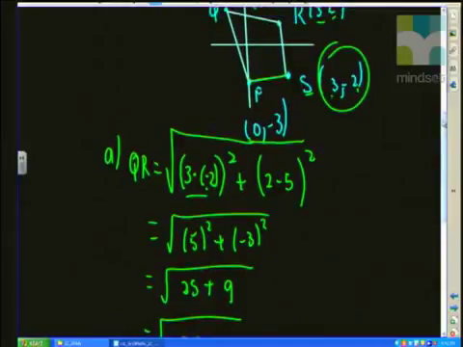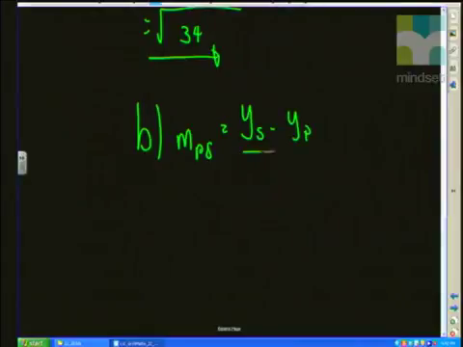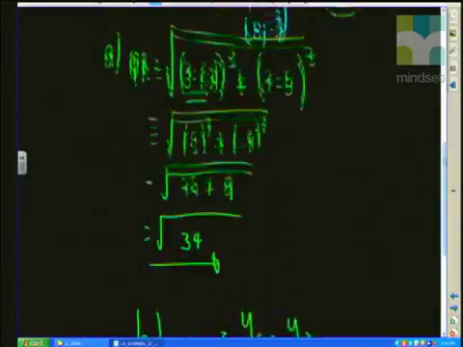So y coordinate at point S, which was negative 2 there, minus y coordinate at point P, all over x coordinate at point S minus the x coordinate at point P.